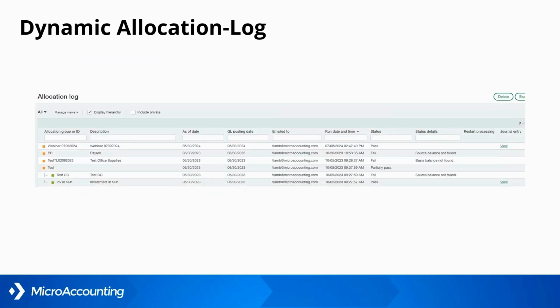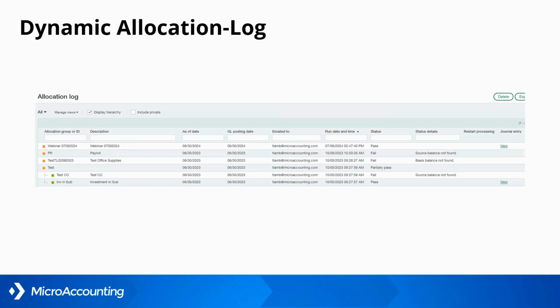Okay. Once you've run these and you've got these generated, then you'll see that you have a log out there where you can see when these have run, the balance of those, the status of those, if they passed or failed. If you have a group, they could partially pass or fail because maybe it ran one of them but failed on another one.